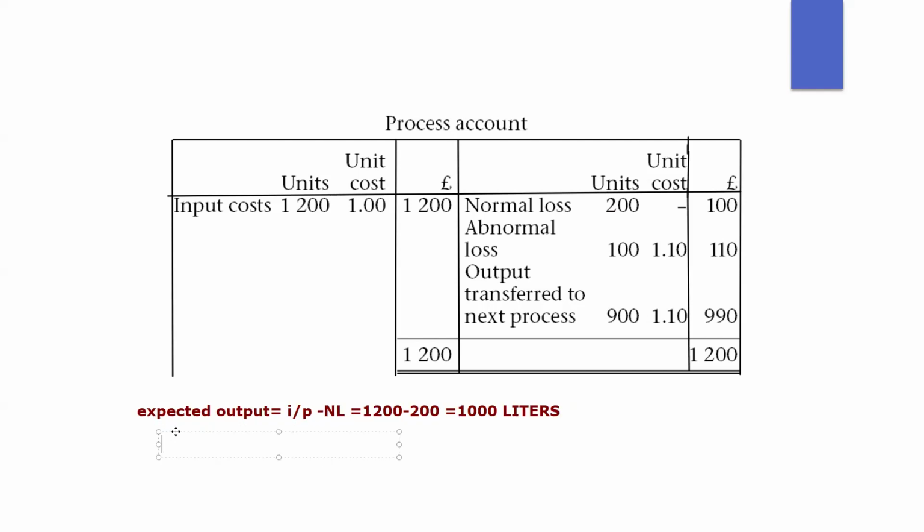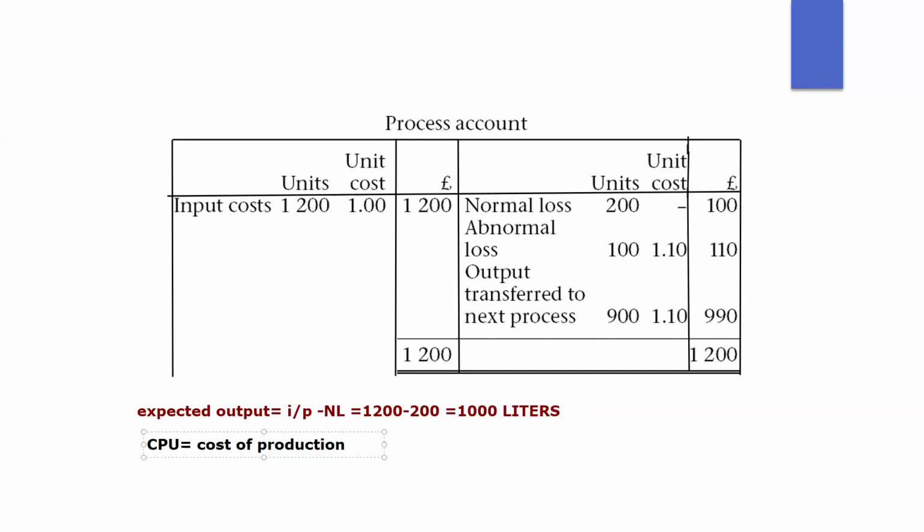Then let's calculate the cost per unit. Cost per unit is the total cost of production here.